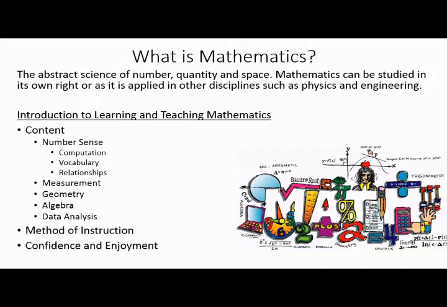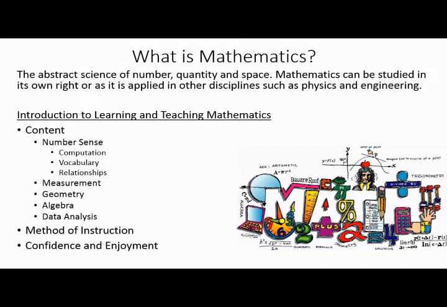Mathematics can be studied in its own right or as it is applied in other disciplines, such as physics and engineering. Most of us learn math in the first way, in its own right, until we get to at least high school. So we learn math kind of by itself, and then as we get into high school, we take classes such as physics, engineering, that use math in their discipline.